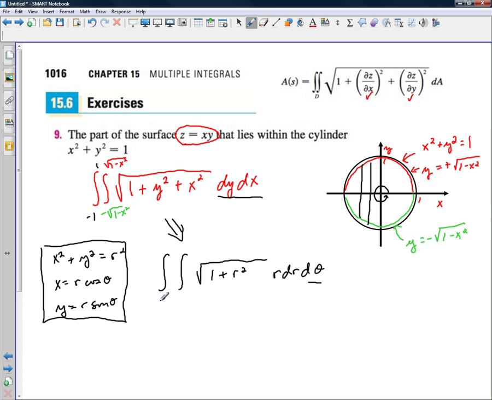So we're going to go from 0 to 2 pi. And our interior limits, when we're talking about going with respect to r, it's a circle, right? So every one of these polar distances, no matter where we are in the rotation, they're all going to be exactly 1 unit. We're going to go from 0 to 1.